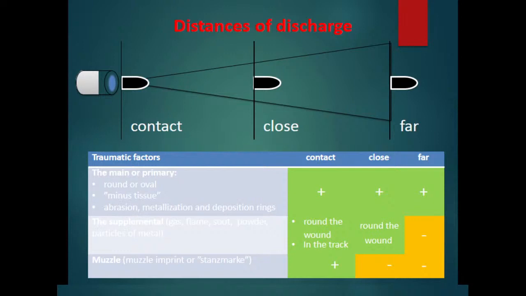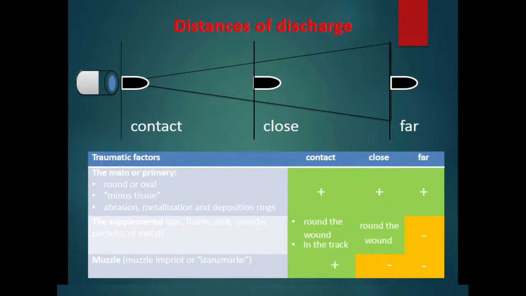Distances of shot are one of the important issues in forensic examination of firearm trauma. There are different distances of shots. These are contact distance, close distance, and far distance. They are different for different types of weapons and different types of cartridges. They cannot be measured in meters or centimeters for all weapons together.